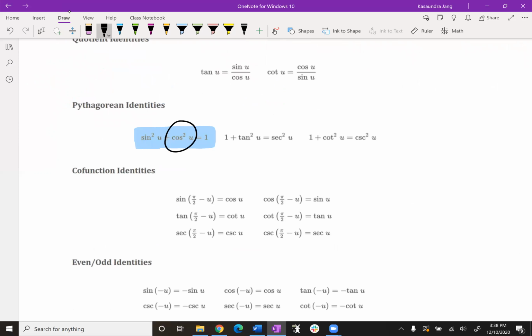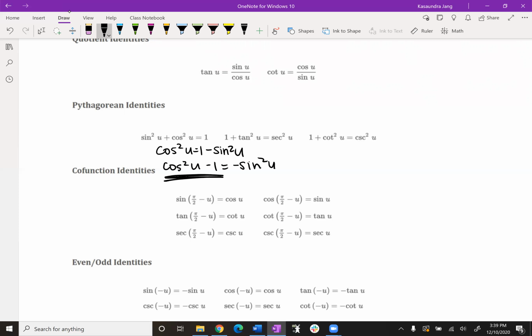Okay, here's my cosine squared, and my 1 is on the other side. So it looks like we need to rearrange things a little bit. I think I'm going to subtract the sine squared on both sides. And then I will subtract the 1 on both sides.